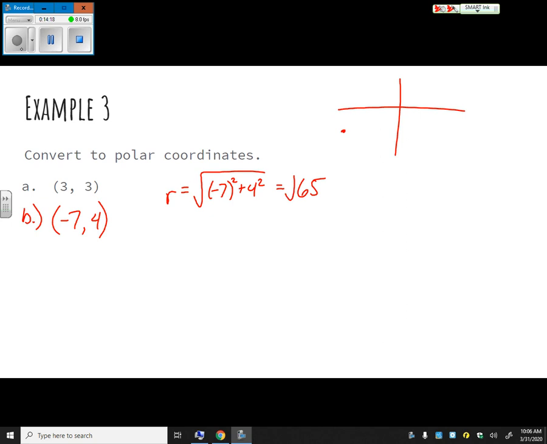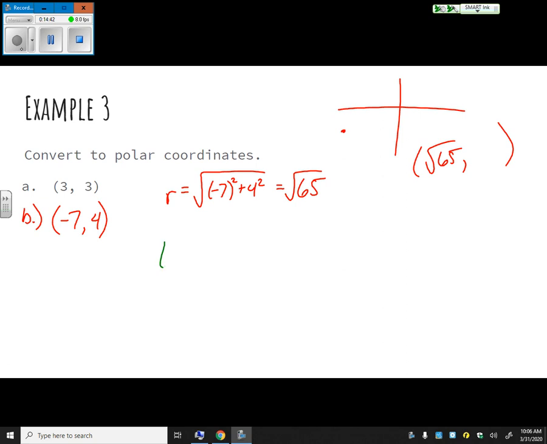Square root of that. I don't think that breaks down. Of course, 4 doesn't go into it, 9 doesn't, 16 goes into 64. It's close. I think that's it. So that is my r coordinate, the square root of 65. Just leave it like that.